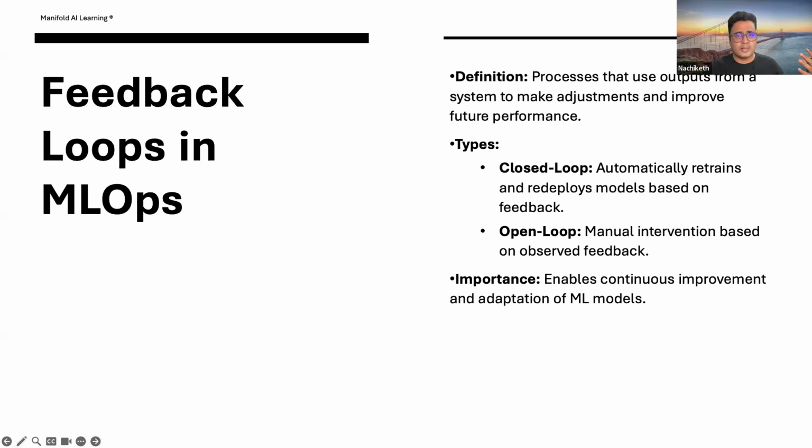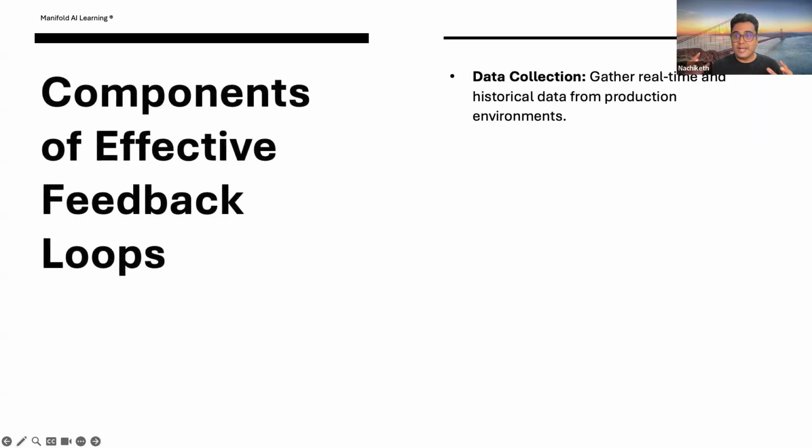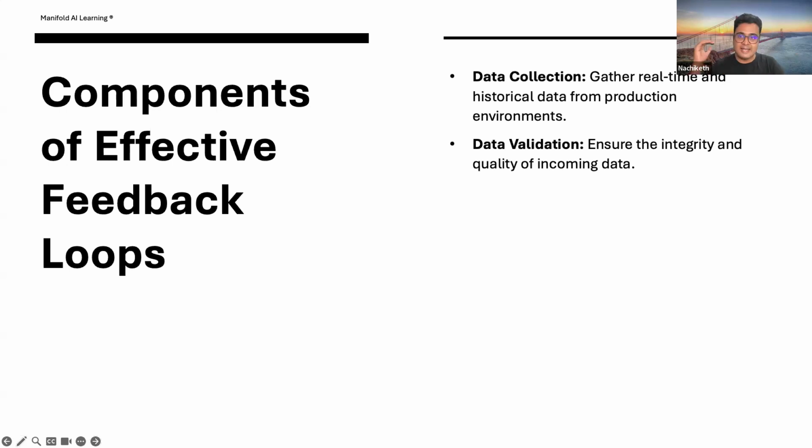If I want to describe these feedback loops at a very high level, we'll have data collection, where we gather real-time and historical data from a production environment or from our historical data. And validation, where we check the integrity and validity of the data. This is a scenario where data is coming from various sources.